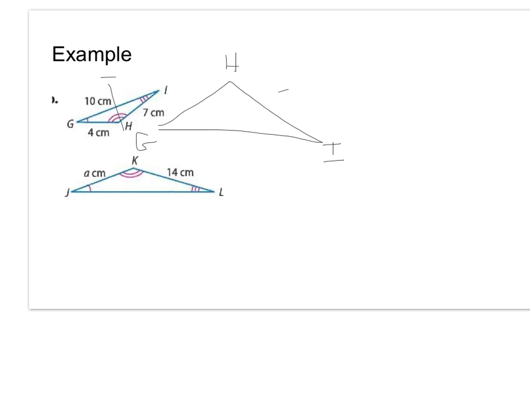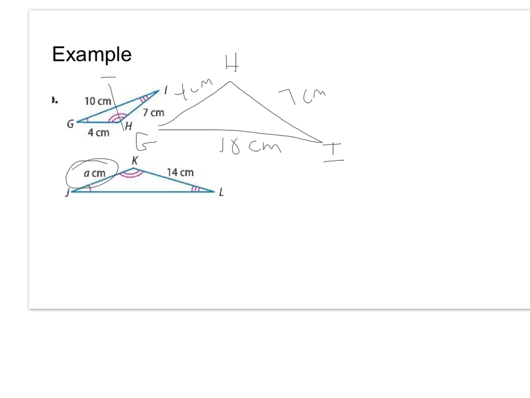So we said H to I was 7 centimeters, G to I was 10 centimeters, and G to H was 4 centimeters. We need to know what this A centimeters equals.